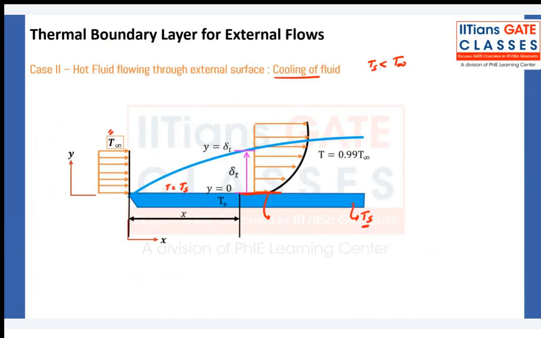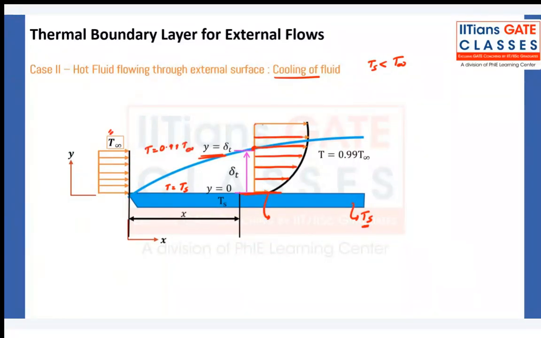The temperature of the fluid is increasing as you go up, and at y equals the thermal boundary layer thickness, the temperature is 99% of T infinity, and after that there is no temperature gradient.